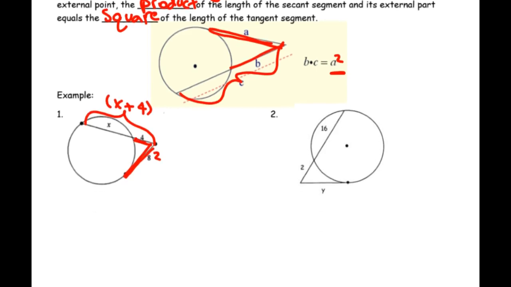We have outside, which is 4, times the whole thing, which is x plus 4, equal sign, and then 8 squared, because the tangent is going to be squared, right? Make sense? Outside times whole equals the tangent squared.